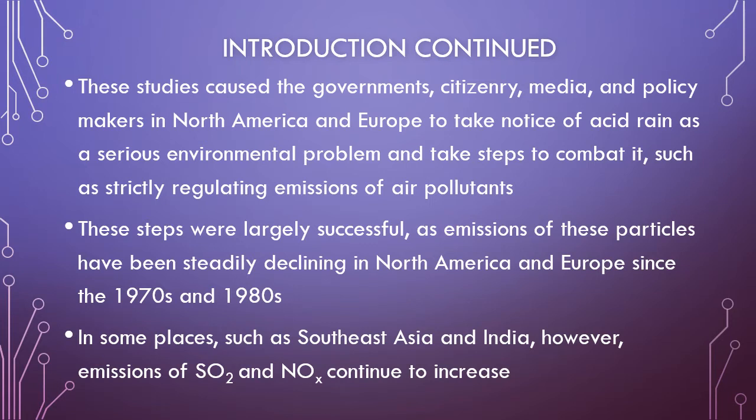So acid rain is still causing significant damage to ecosystems and organisms in other parts of the world, and it is still causing damage to ecosystems and organisms in North America and Europe as well. It's just that the extent of the damage is less than it used to be.